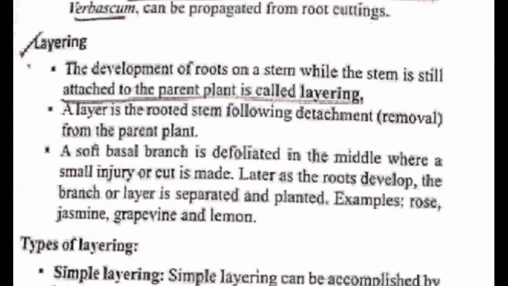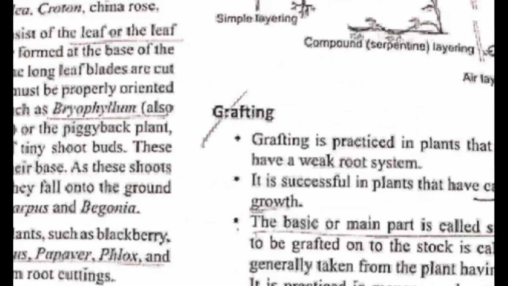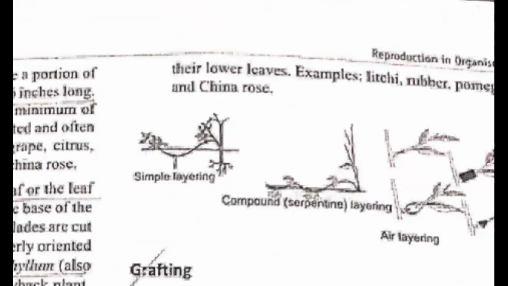There are some methods. If you want to know, I will send it. There is a diagram on the right side, so you can see it. See the upper part. This is called layering. The first one is simple layering. The plant is alive in nature.